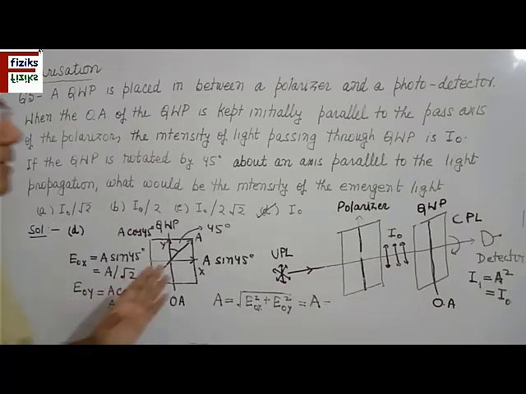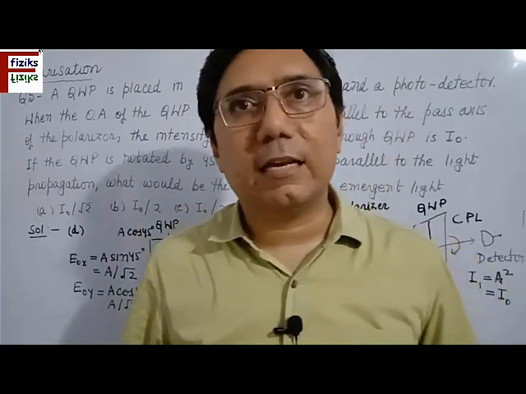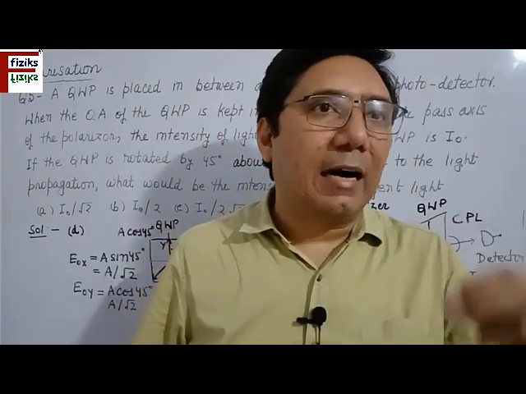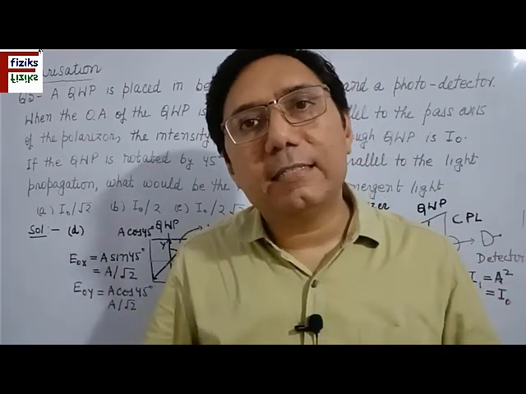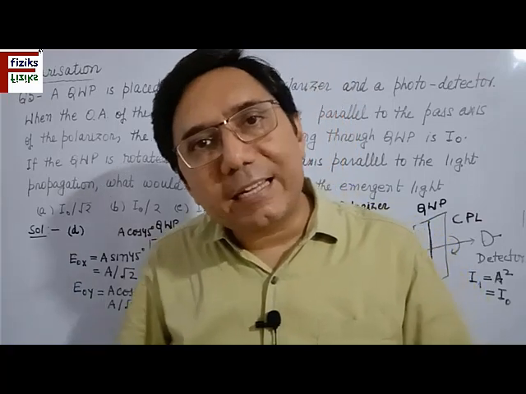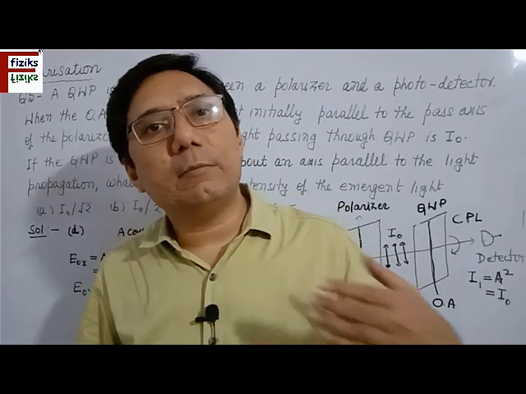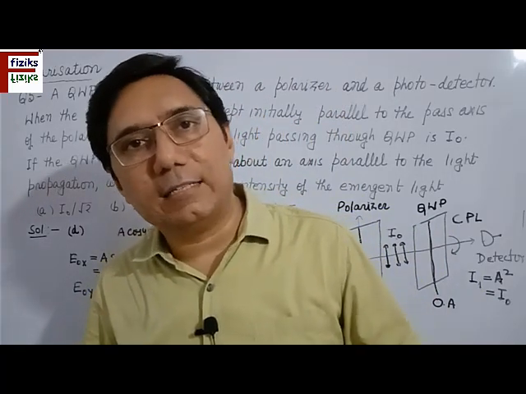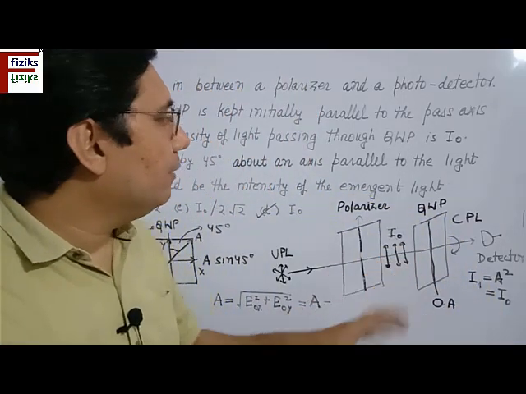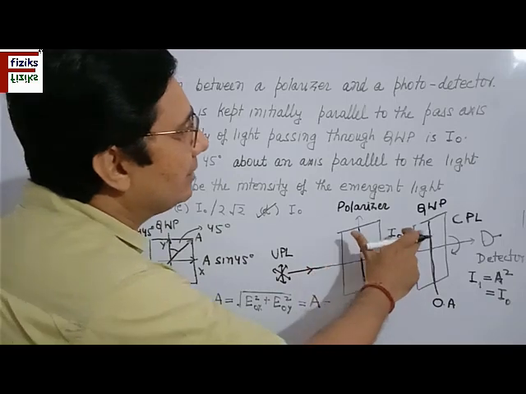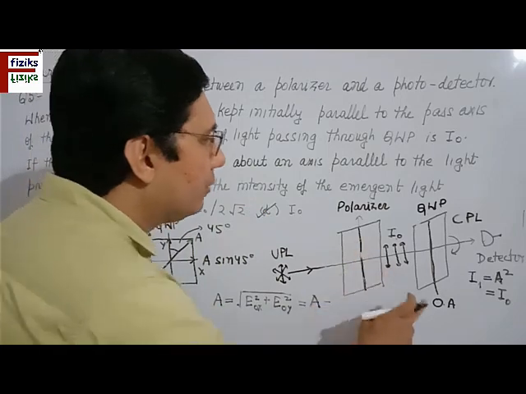So the role of the quarter wave plate here is to change the polarization of the incident plane polarized light. In the first case, when the pass axis of the polarizer and the optic axis of the quarter wave plate are parallel to each other, then on the emergent side we will get plane polarized light. But when this quarter wave plate is rotated by 45 degrees, the electric vector strikes it at 45 degrees with respect to the optic axis.